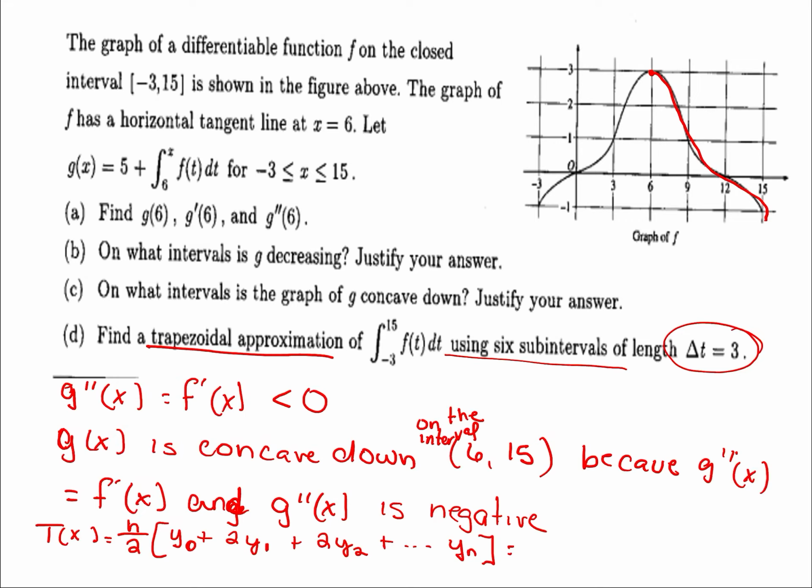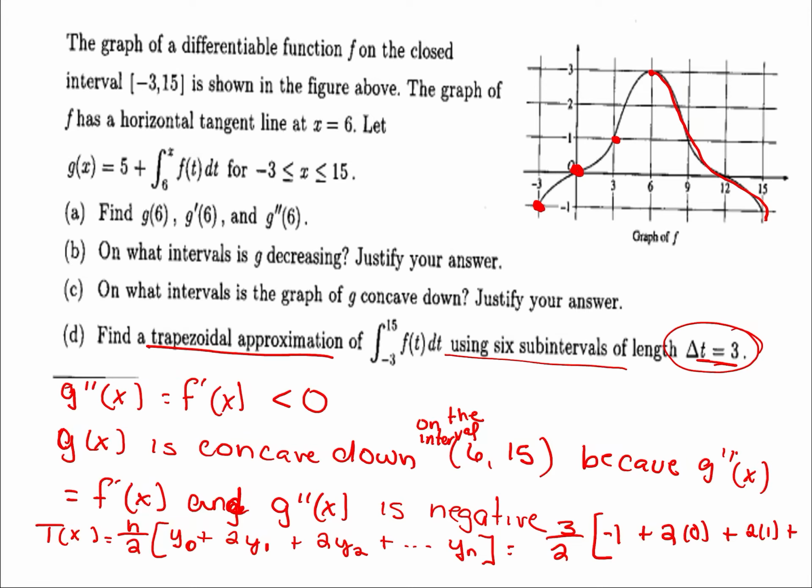So let's just go ahead and put that into the formula. So h is 3 because we're given that. So this is 3 over 2. And then y sub 0, I'm just reading the values. So at -3, because that's where we're starting, my first value is -1. And then that'll be 2 times, if I move over 3, then that value becomes 0.